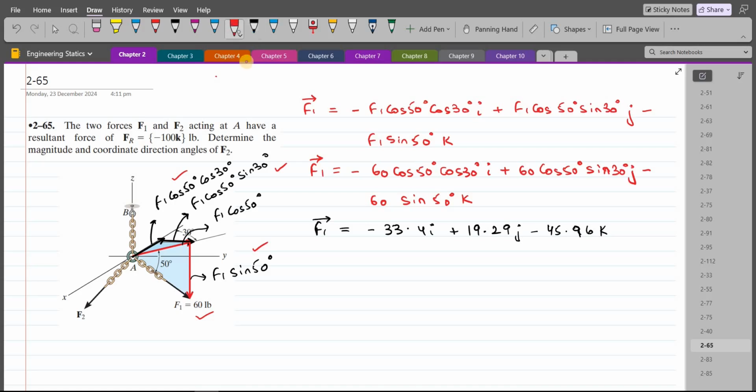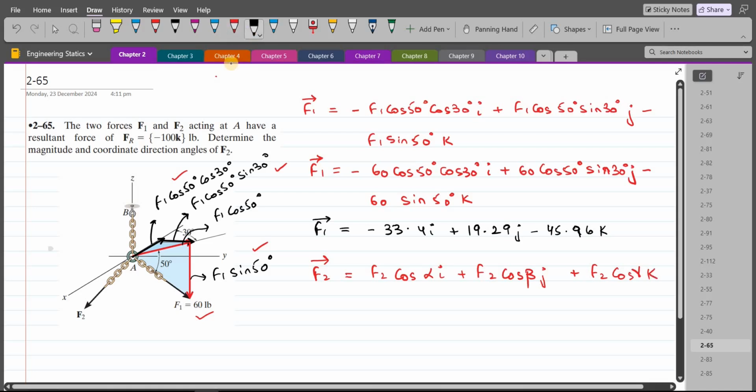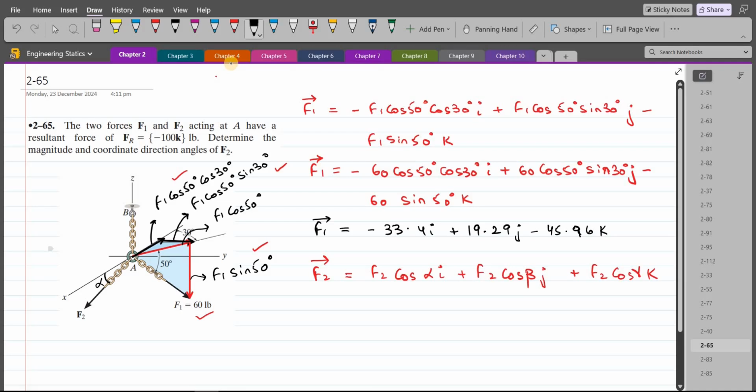Similarly, the F2 force in Cartesian vector form can be written by using the coordinate direction angles. So I have F2 cos alpha i plus F2 cos beta j plus F2 cos gamma k, where this angle is alpha, which is between the positive x-axis and the force vector F2.